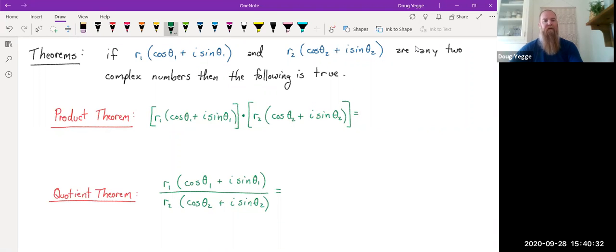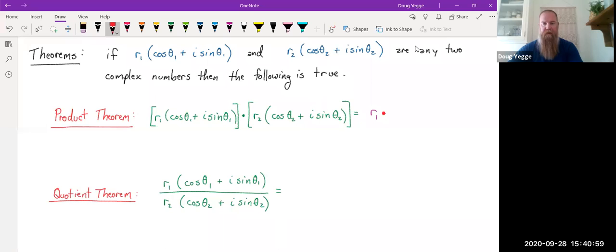Just to sum up the two actual theorems that we derived today, we see that if you have any two complex numbers, namely R1 times cosine of theta 1 plus I sine theta 1, and notice the second one has a different radius and a different angle. If we were to multiply those two together, then what we should recognize is this simply becomes R1 times R2.